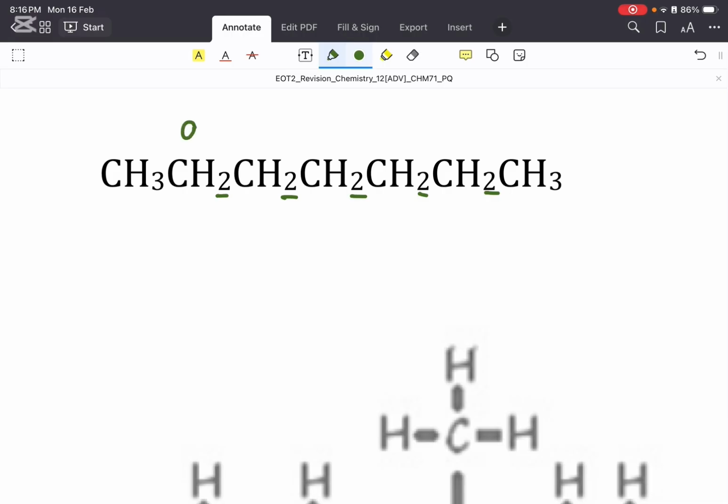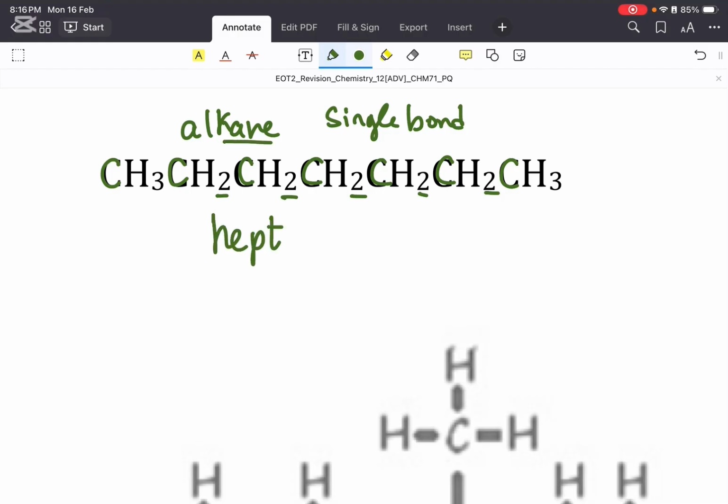So therefore, that's an alkane and all the bonds are single bonds. Now let's count. 1, 2, 3, 4, 5, 6, and 7. 7 is a hept, and since this is an alkane, the name would be heptane with no branches.